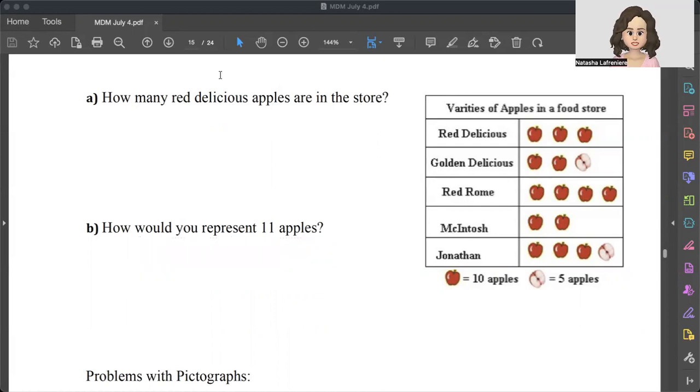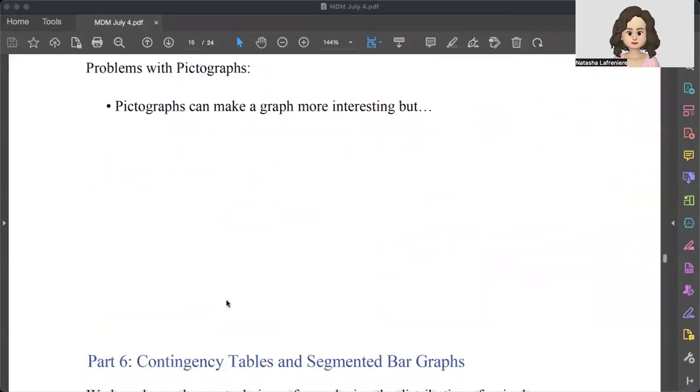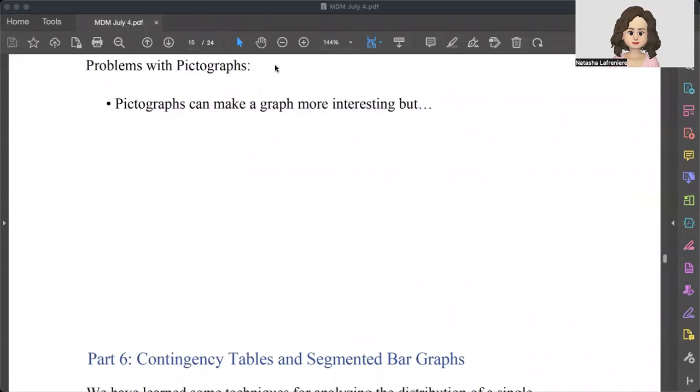So I'm going to clear this. When we're looking at the problems that we have, pictograms can make a graph more interesting, but legends are often missing or confusing.